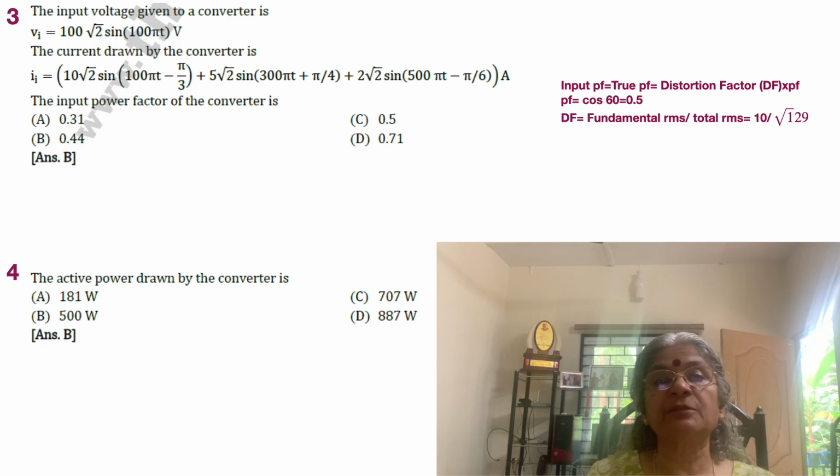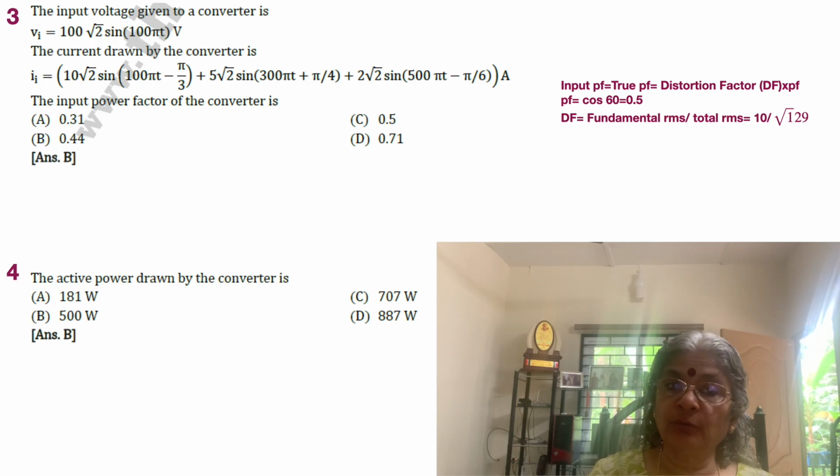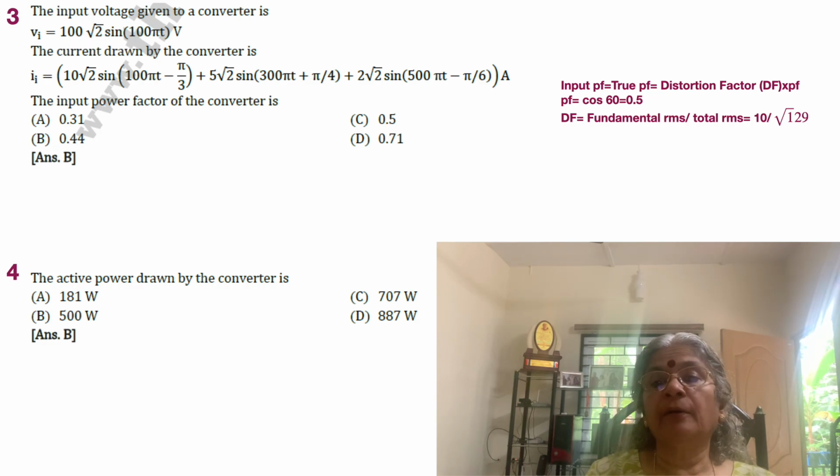The fundamental RMS value of the current is 10 root 2 by root 2, because the maximum value is given, and the total RMS is given by the square root of (10 root 2) squared plus (5 root 2) squared plus (2 root 2) squared. So we see that it's equal to the square root of 129.